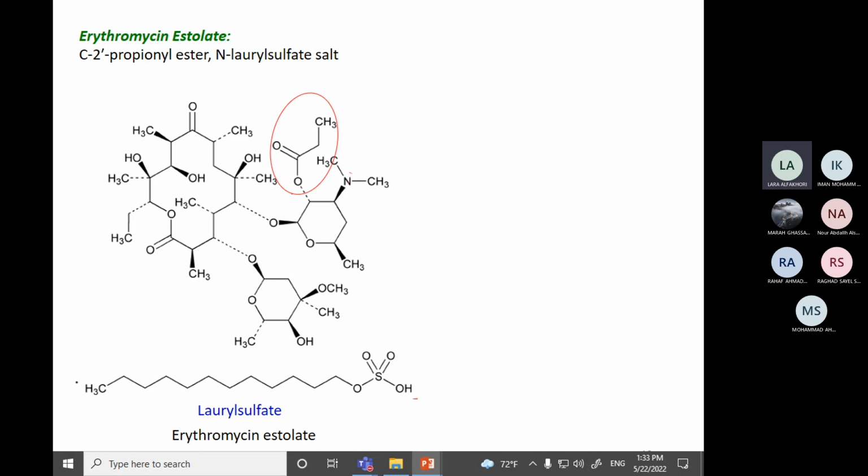Now, will both the counter ion of the salt and the ester that was added increase or decrease the lipophilicity? It will highly increase the lipophilicity.